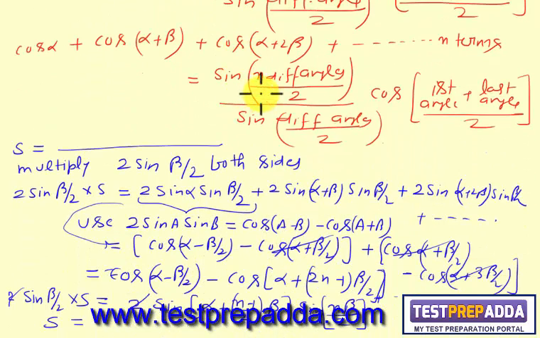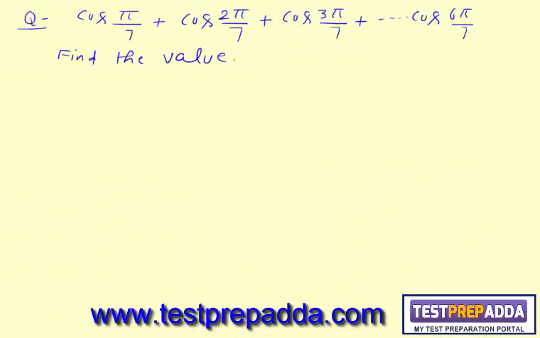Now I'll take one or two questions. Now here the question is given: cos pi by 7 plus cos 2 pi by 7 plus cos 3 pi by 7, and so on, up to cos 6 pi by 7. Now you can see the angles are in AP.